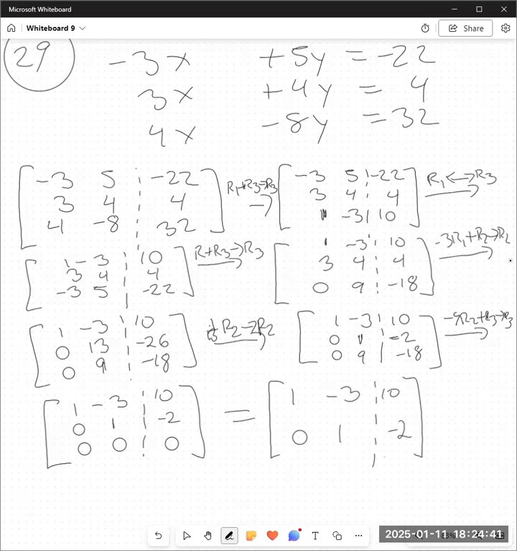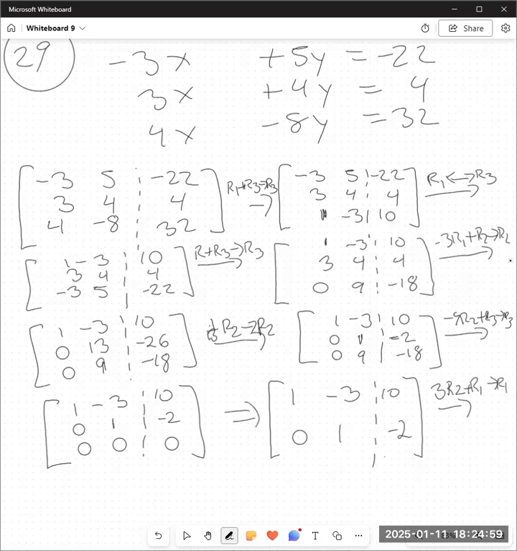This is already set up for row echelon form right now, but I'm one step away from reduced row echelon form where I can get a 0 above this 1. So I'm going to go ahead and just take that step. 3 row 2 plus row 1 makes a new row 1.